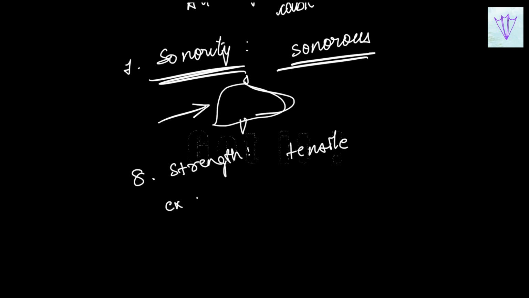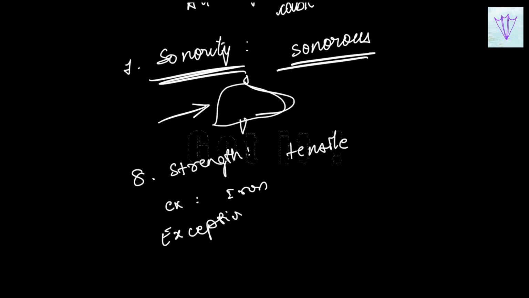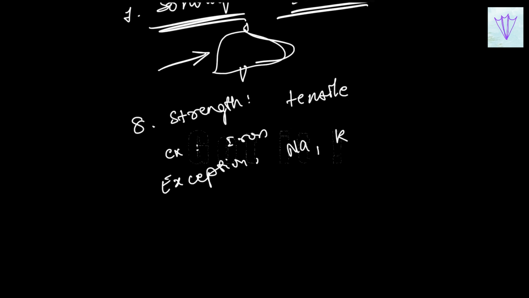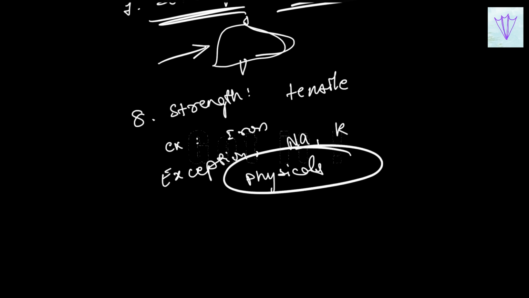One such example is iron, which in different forms is used for different purposes, as in making bridges, vehicles, railway lines, buildings, etc. But the exception for this property is sodium and potassium, because they are soft metals. So with this we've understood the physical properties of metals and how we identify them in comparison with non-metals.